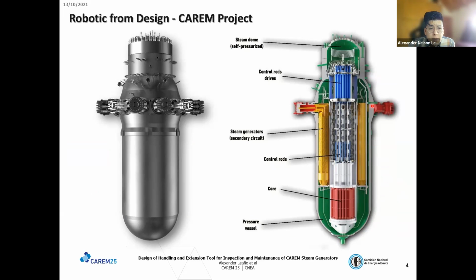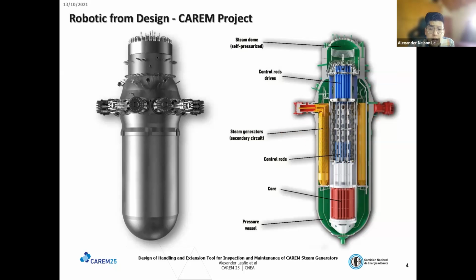This project is different from other reactors because it has the steam generator inside the pressure vessel. Here, this is the yellow, and the red part is the entrance to the steam generator.